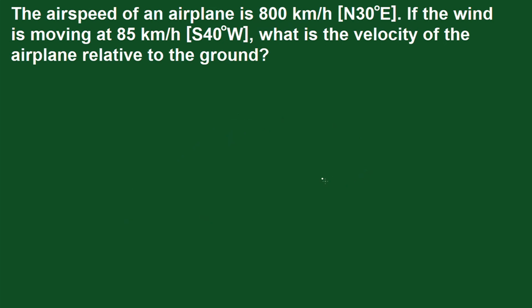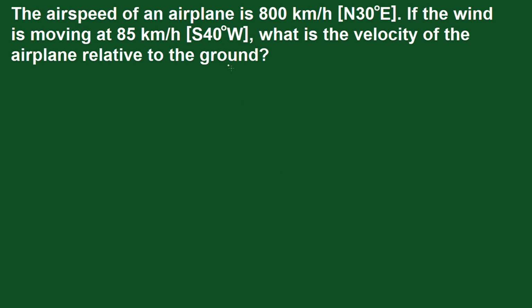So we can use these two things together, the airspeed and the wind speed. When you combine those two, that's when you get the velocity of the plane relative to the ground, because both the air is moving and the plane is moving within the air. You have to combine both of those together to figure out what its actual velocity is relative to the ground.